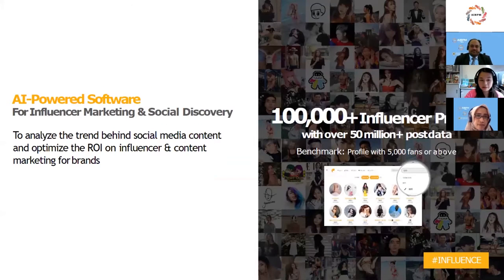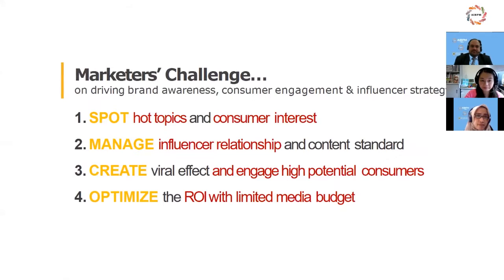So we would like to talk about how we can use AI-powered software to analyze the trend behind social media contents and optimize the return for marketing. First of all, you have to spot the hot topic and the customer interest. And the second is how to manage your relationship with your customer and your celebrity.